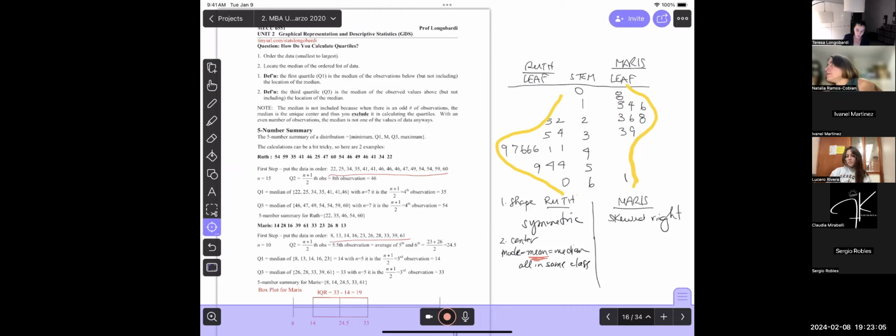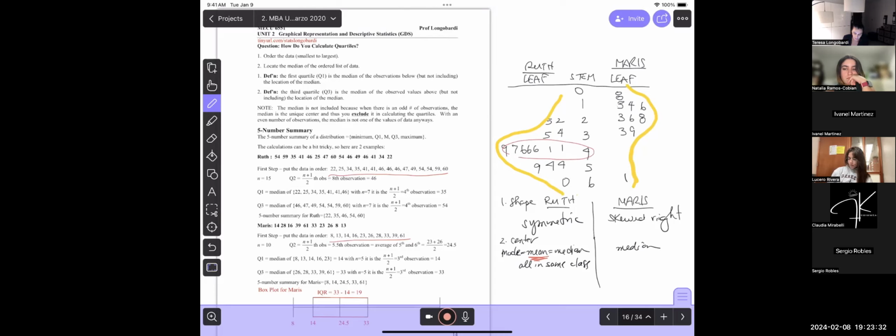We don't use the mean, we don't use the mode, we use the median, which is the compromise between them. So we use the median if it's skewed. So where is the center? On Maris, the center is clearly here.